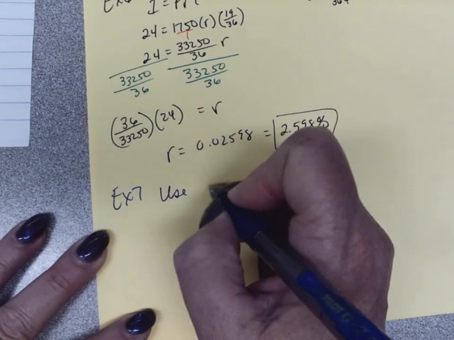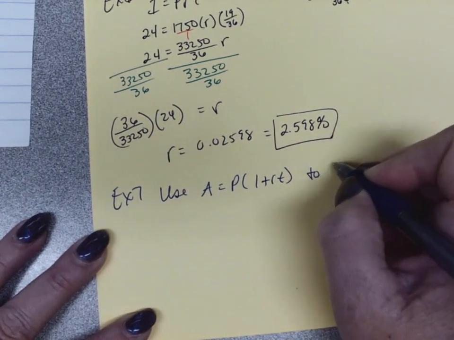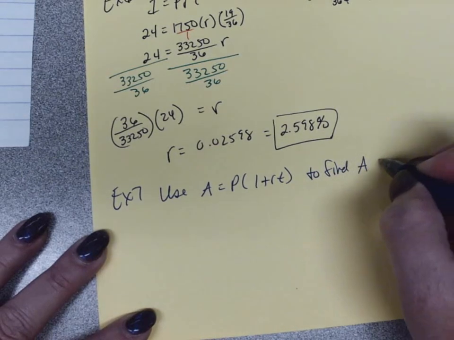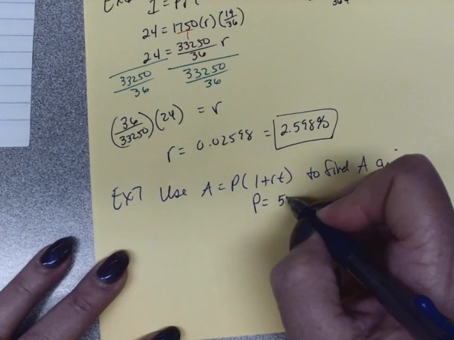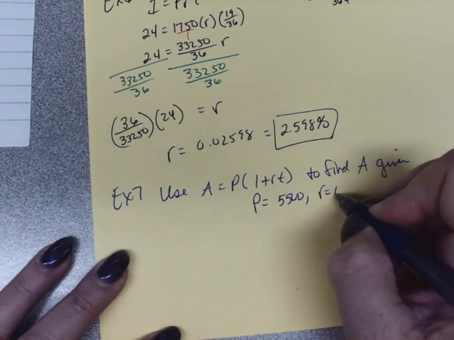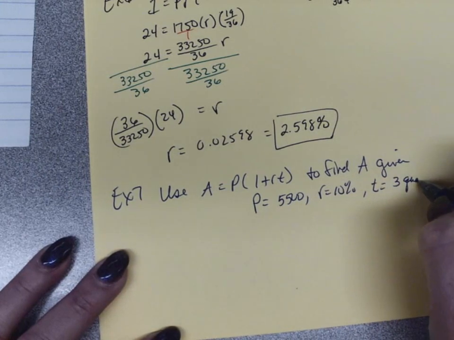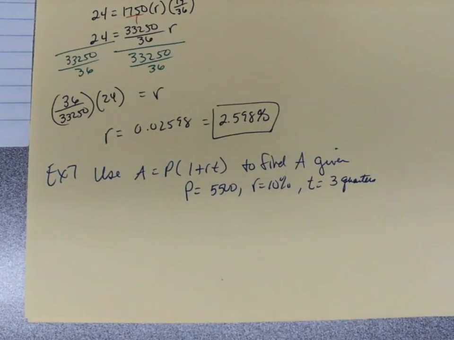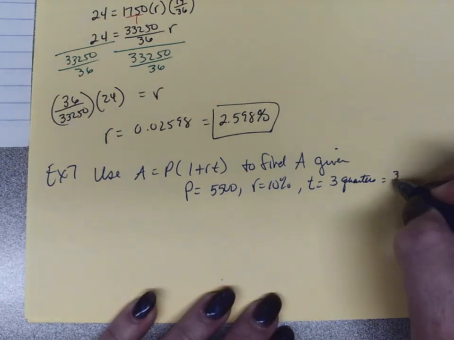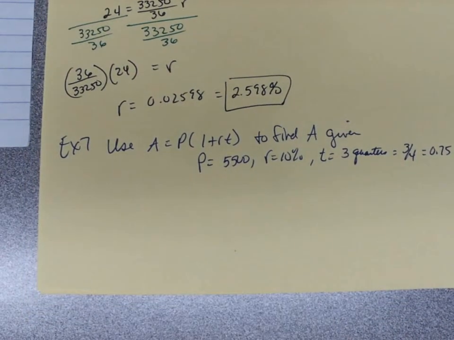We're going to use A equals P times 1 plus RT to find A, given that P equals 5,500, R equals 10%, and T equals 3/4. So 3/4, that's 3/4 of a year. 3/4 is the same thing as 0.75. So either way will work.